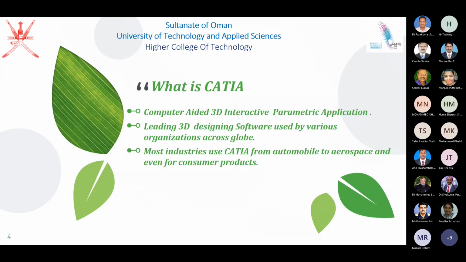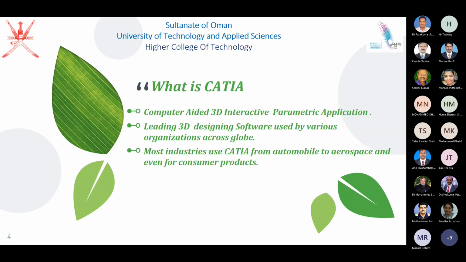Before we start, we need to understand what CATIA is. CATIA is a computer-aided 3D interactive parametric application. 3D means three-dimensional, so we will be able to create any three-dimensional object.